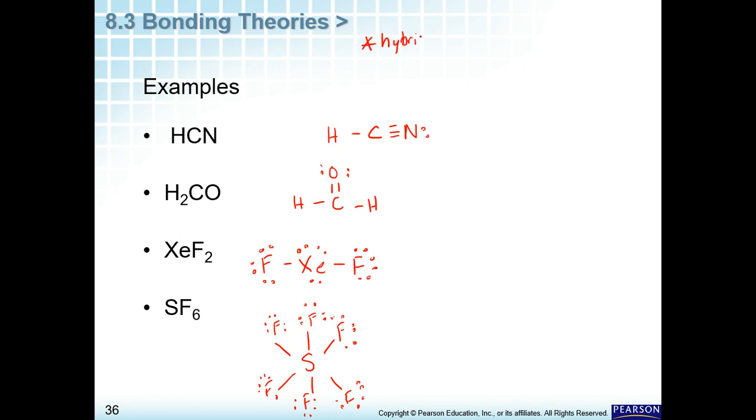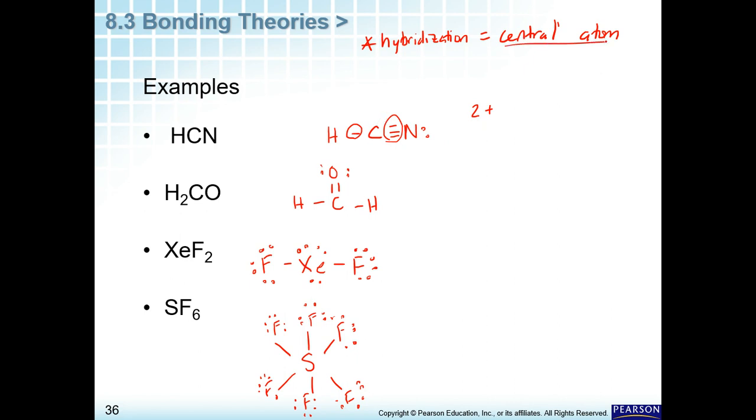Hybridization: we want to focus on the central atom. I really want to point that out, our central atom. Our first step was to tell me how many bonding groups are on the central atom. So here's my carbon. I have 1, 2 bonding groups plus I have to look at my lone pairs.